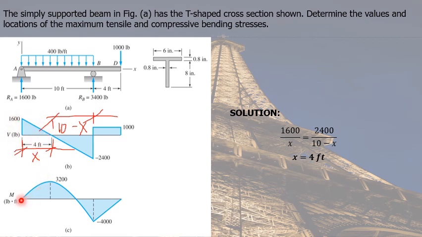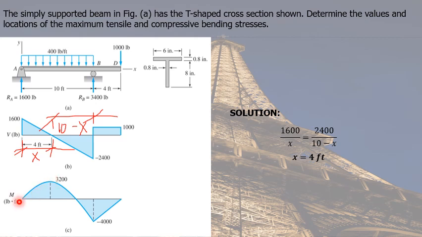So we have 0 plus the area of this triangle, 1/2 base times height. Our base is 4 feet and our height is 1,600. So that is equal to 3,200. So from 0, we go positive 3,200.